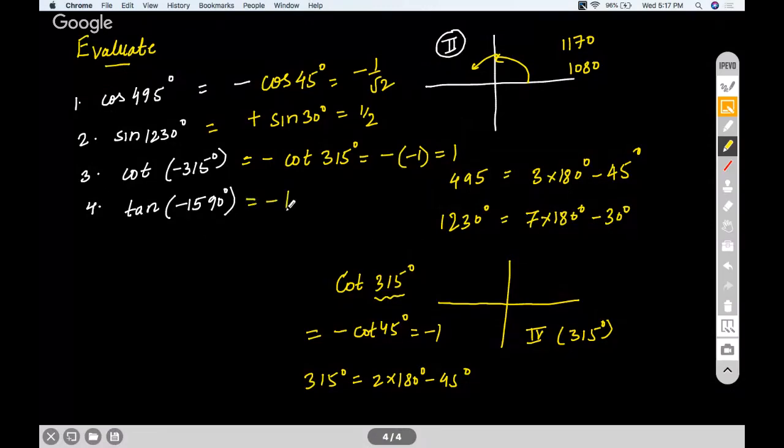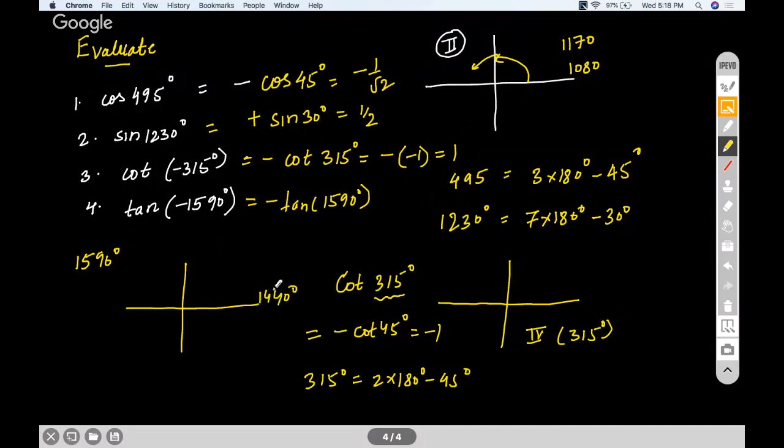Okay. Let's solve the fourth one also. Fourth one, this is going to be minus tan of 1590 degrees. So 1590 degrees lies in which quadrant? Let's figure that out first. So 1590 means you have covered around four rotations, and four rotations means you have covered around 1440 degrees.